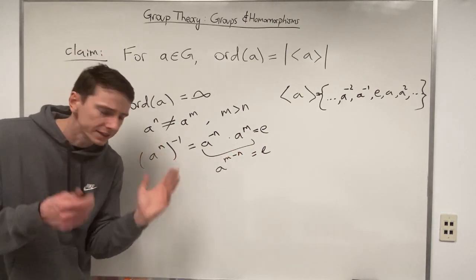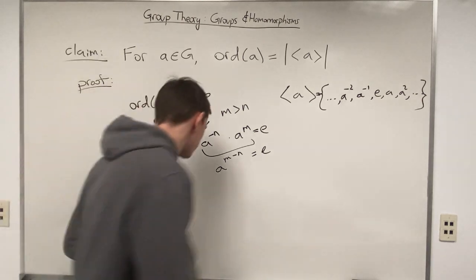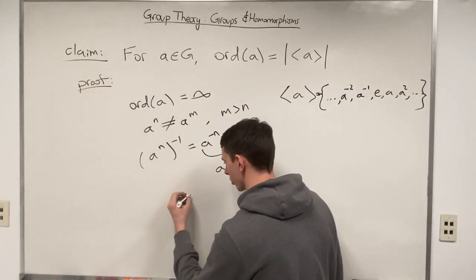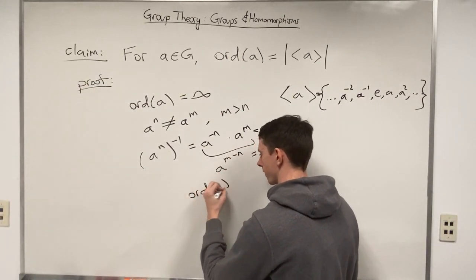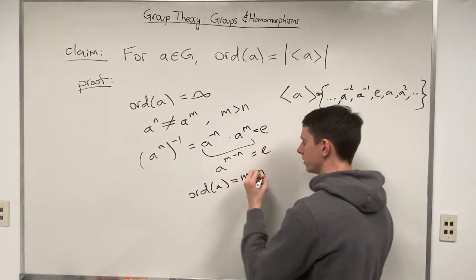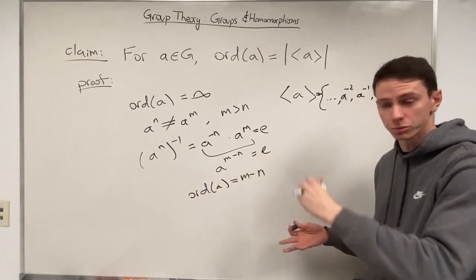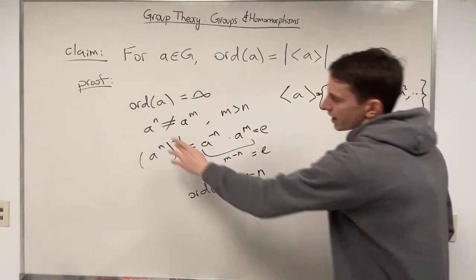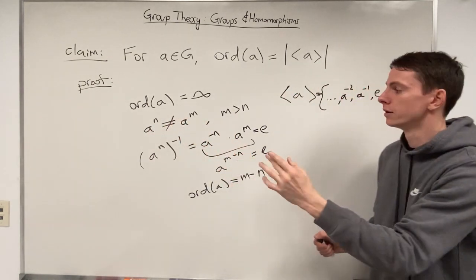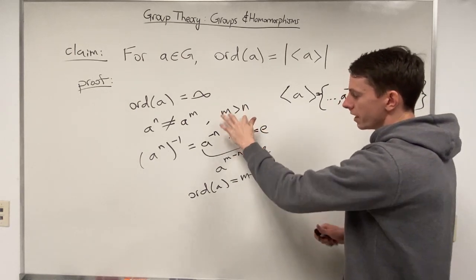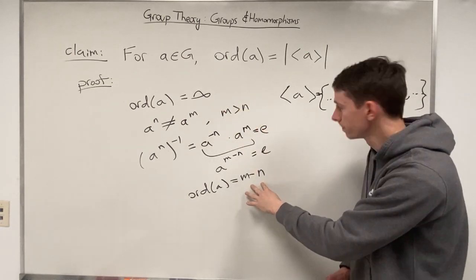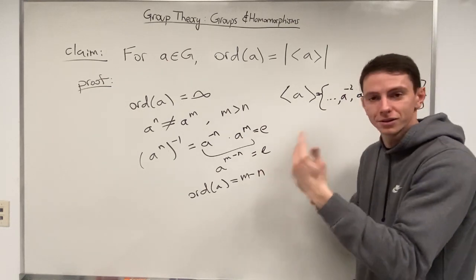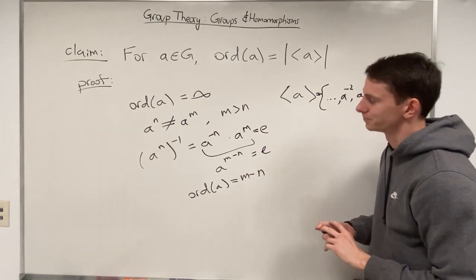We might be saying, well, why is that a problem? Well, this equation right here would tell us that the order of a is equal to m minus n, or some smaller multiple of it. So basically, if a to the n equals a to the m for some values of m and n, then we're going to get some finite order, which is a contradiction.